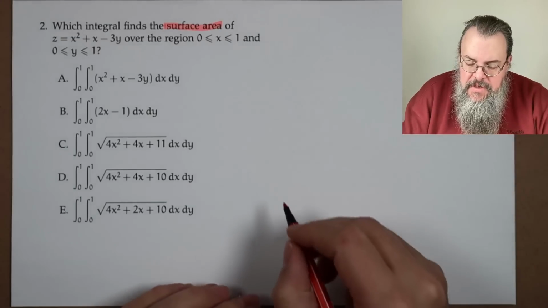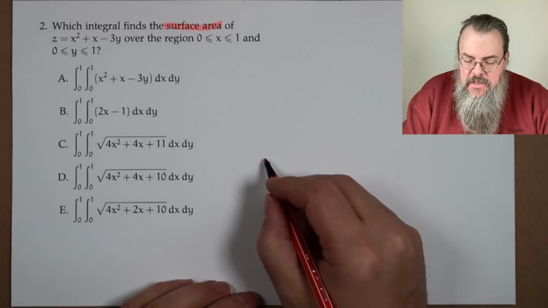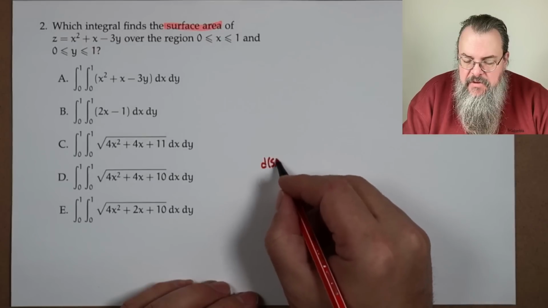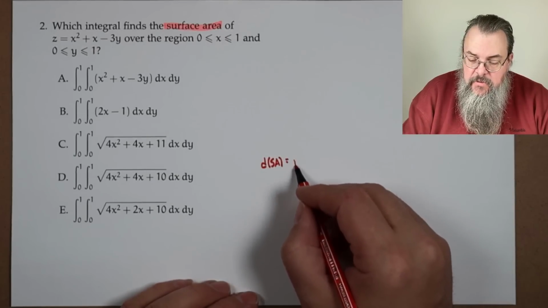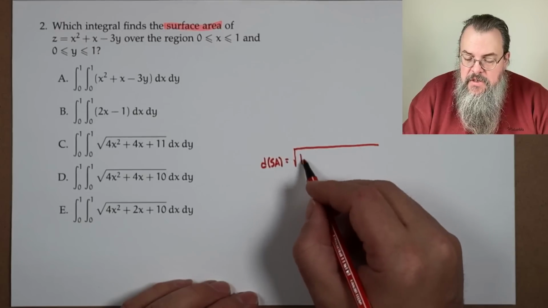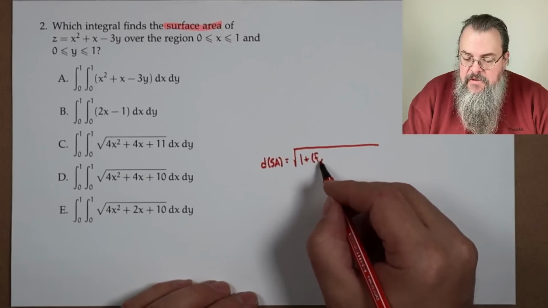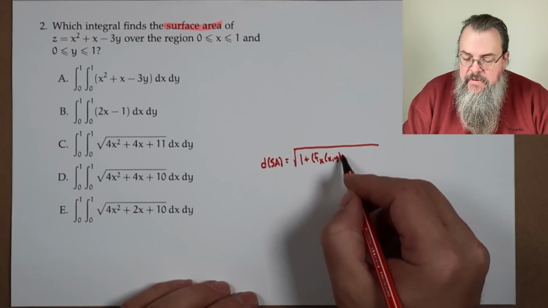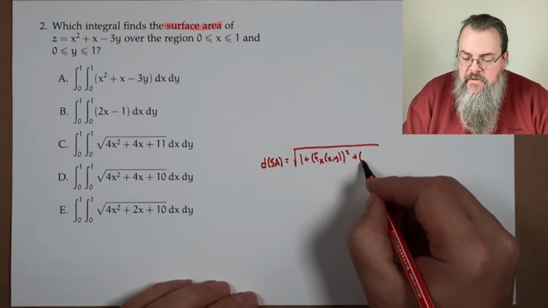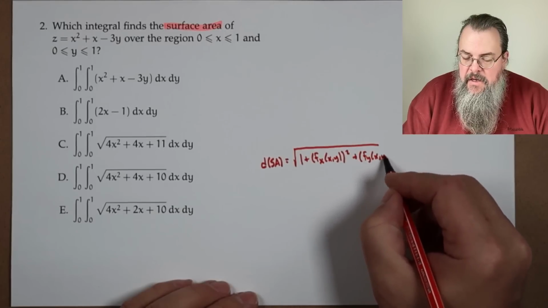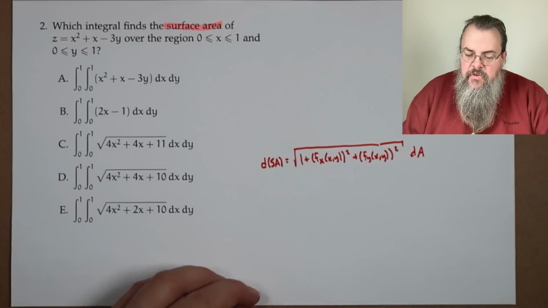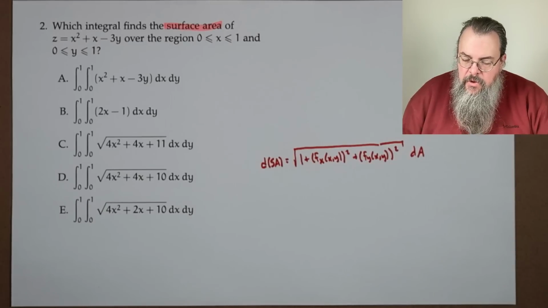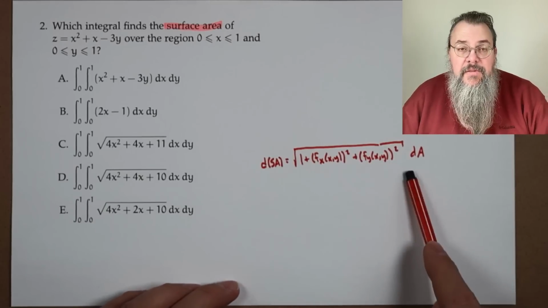Well, we have a nice generic formula, which says if you're looking for the little piece of surface area over your region, that's the square root of 1 plus f sub x, xy squared, plus f sub y, xy squared. So, in essence, we're after this piece.